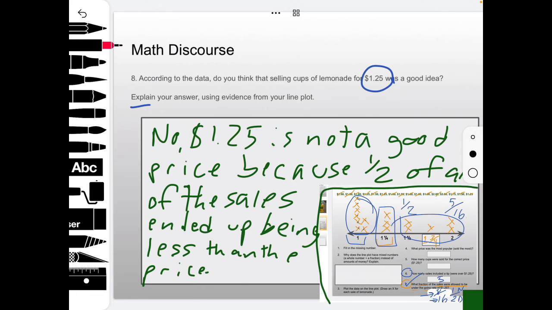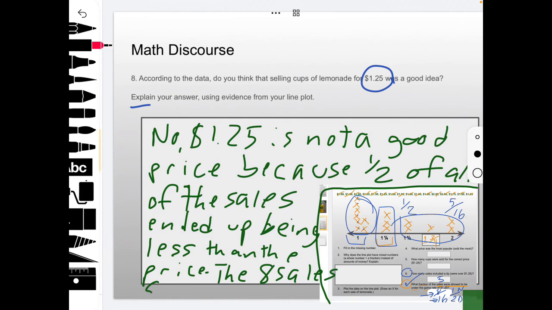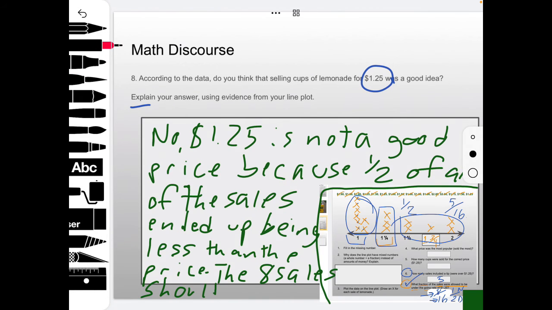And if you really wanted to be sharp, you could figure out how much you lost, because, so 8 sales, the 8 sales should have been, how much money did you actually lose?